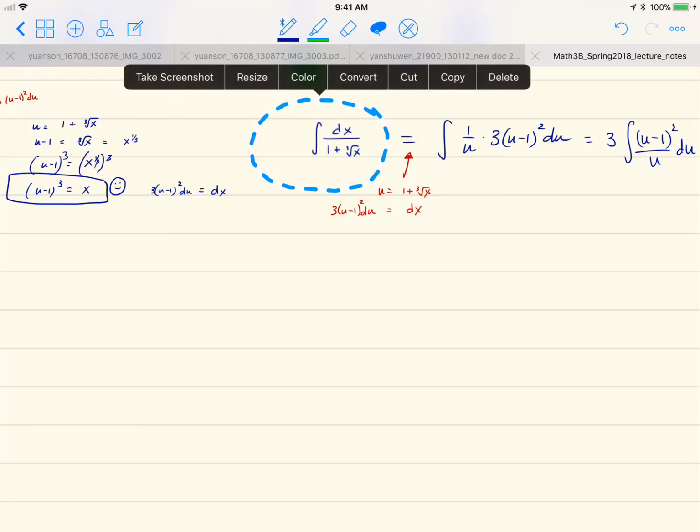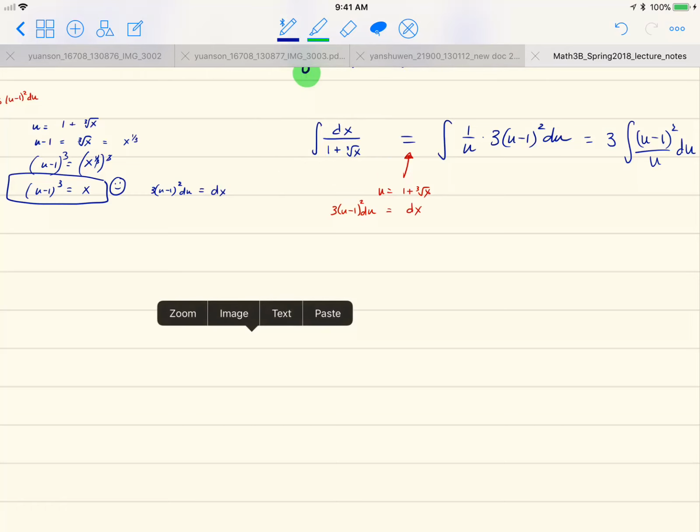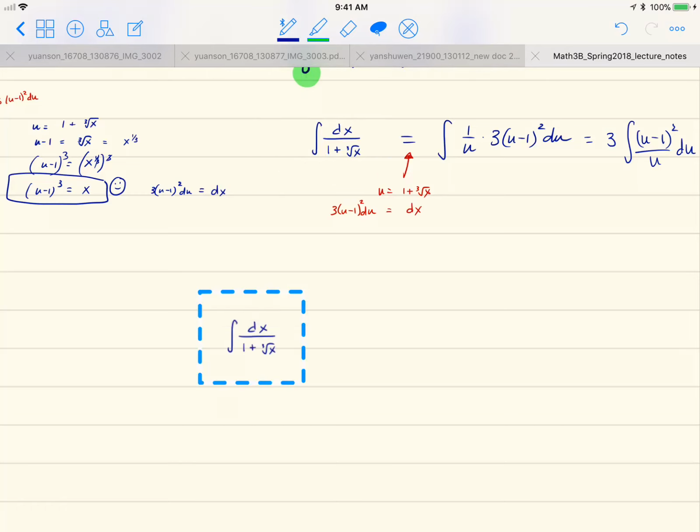So we're going to copy this, paste, okay, and this is equal to 3 times the integral of (u minus 1) squared over u du. So I'm just rewriting what I had up top because I'm going to need to simplify this a little bit.